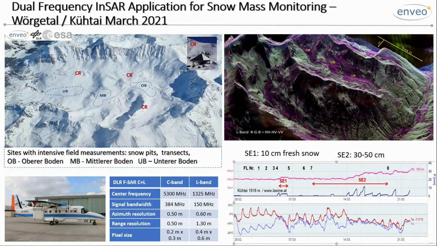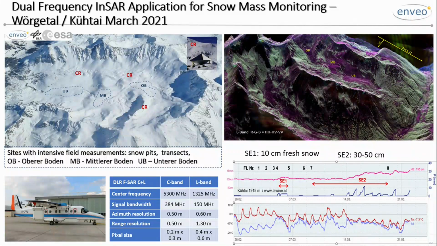We had a campaign there to prove this. We had 9 flights, also in Kühtai. It's a high Alpine valley, very nice for ski touring. You see here 3 circles where we were doing intense observations during the DLR overflights at C and L band.